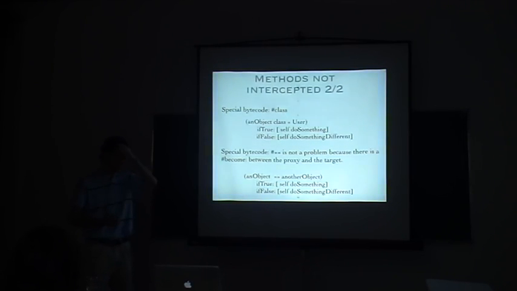I talked with one guy in Brussels, Stéphane Ducasse, who works on that. He showed me with a kind of theorem that equal cannot be a real method executed. If you want, I can provide you the link.